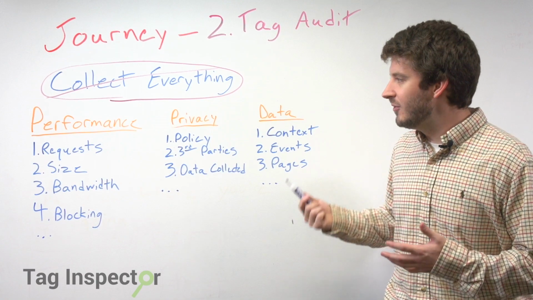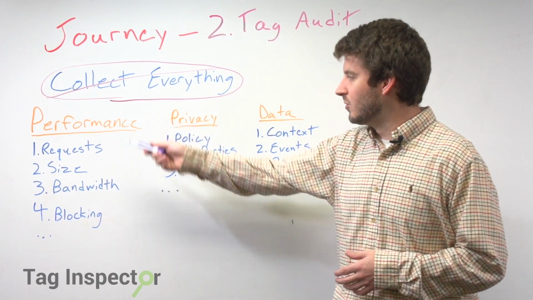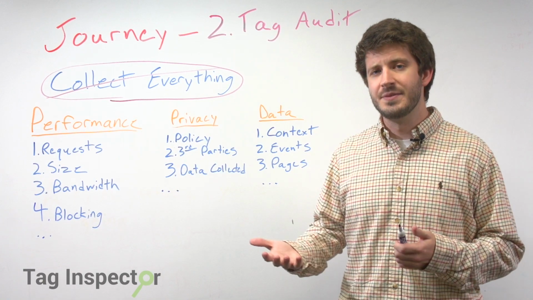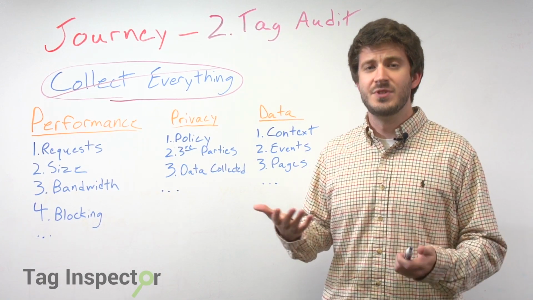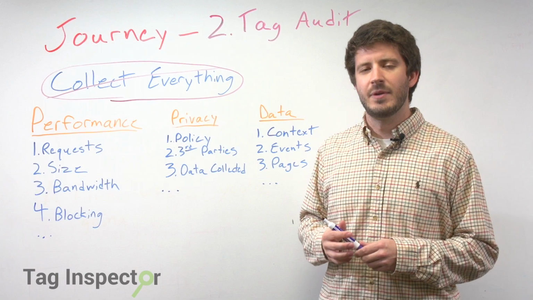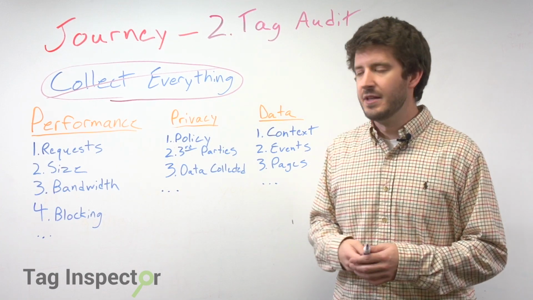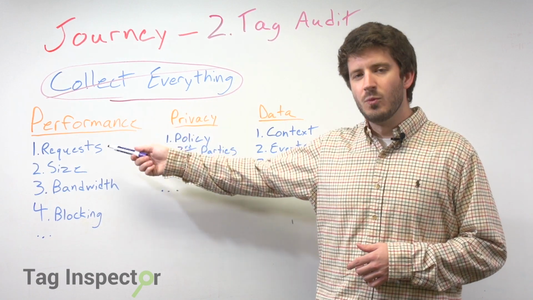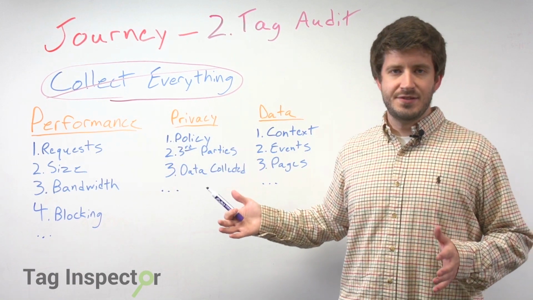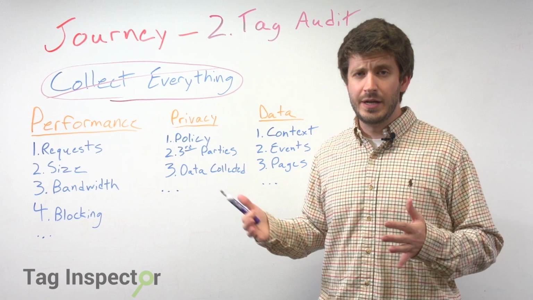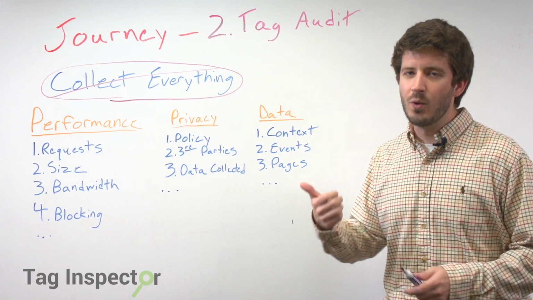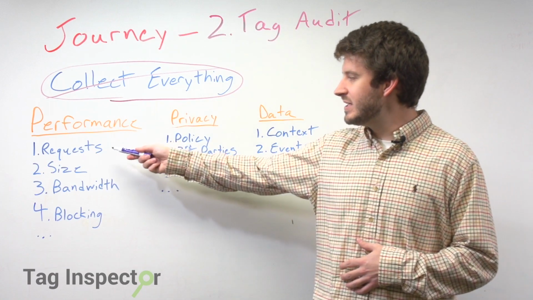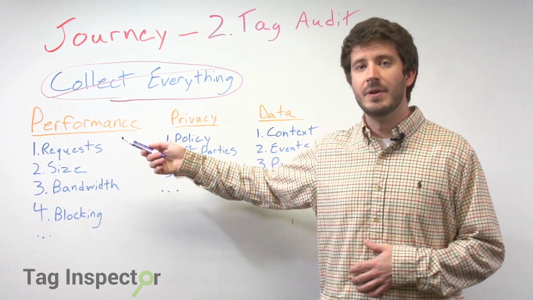Now, a few examples as we go through these different use cases, and what you're going to want to look for when it comes to tags and the behavioral information from the tags that you'll want to be collecting. First, if you're looking at this through the lens of performance, we need to collect information not just on what platforms are there, but also technical details around the requests being sent.